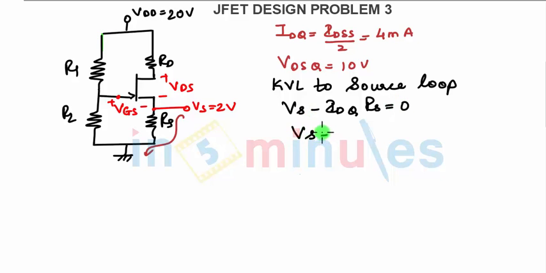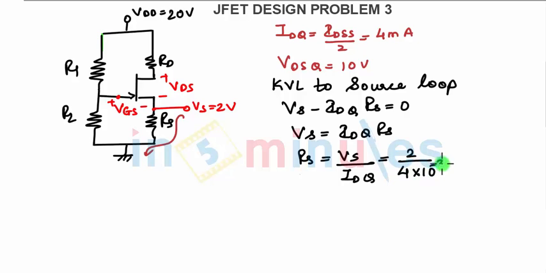So VS will be IDQ into RS, and RS will be VS upon IDQ. VS is given as 2 volts and ID is 4 milliamperes, so 2 divided by 4 milliamperes gives the value of RS as 0.5 kilo ohms. We have found the value of RS. Now we need to find the value of RD.